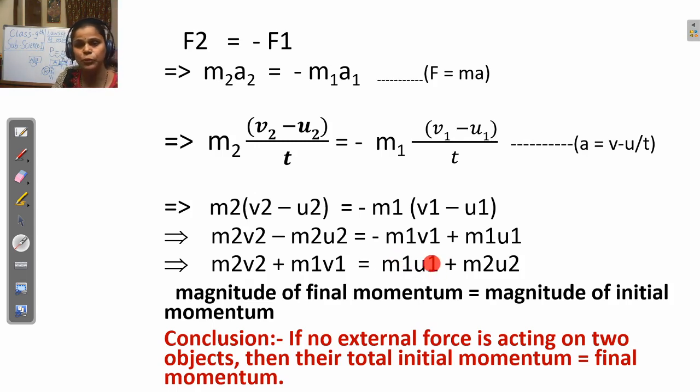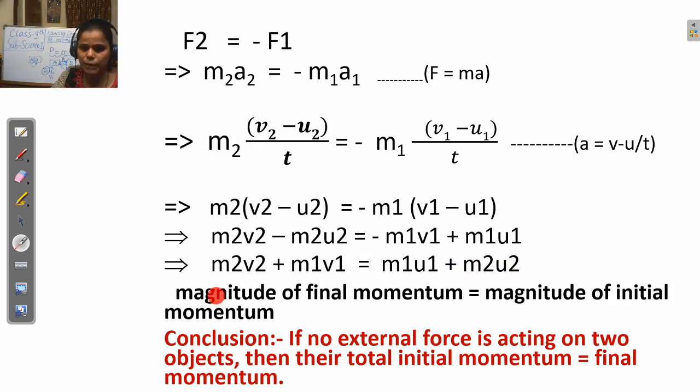So m1 u1 is the initial momentum of object A, because m1 is the mass of object A, and m2 u2 is the initial momentum of object B. So you can see the sum of the final momentum of the two objects equals the sum of the initial momentum of the objects.